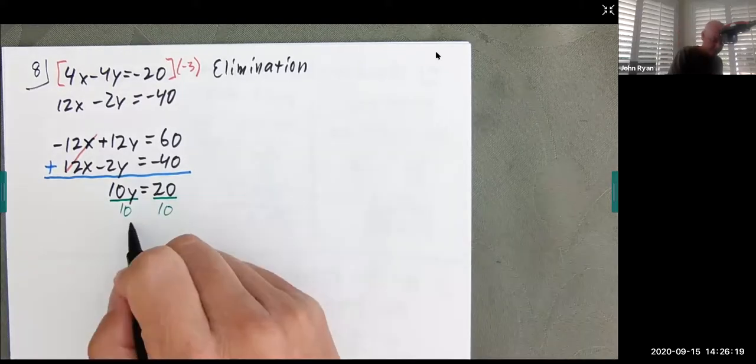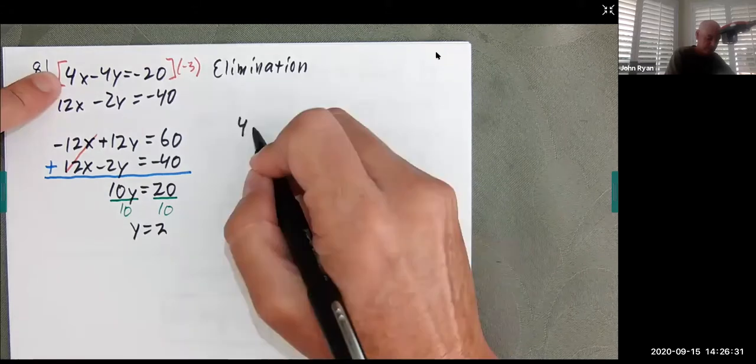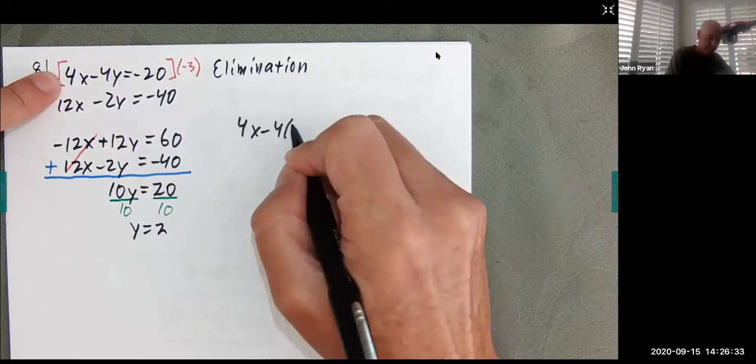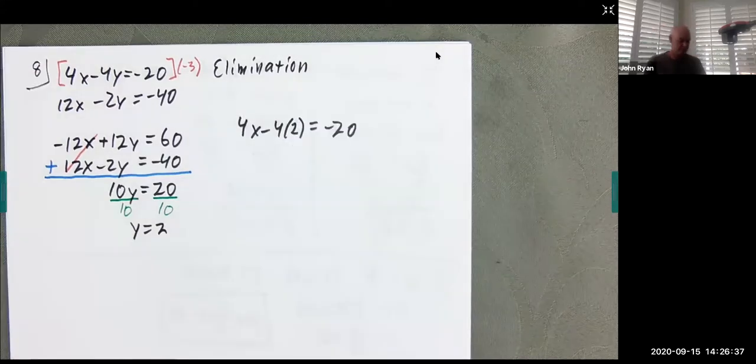So in this case, y is going to be 2. Now, that's only one of the 2 coordinates that I need. I now can take this y value and plug it into either here or here. I'll choose to do the top one. And you can see this is going to turn into a nice, easy linear equation.